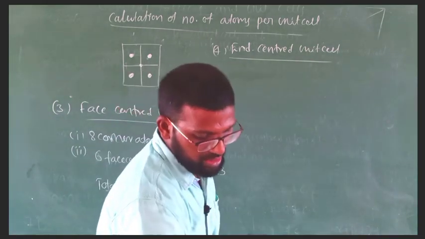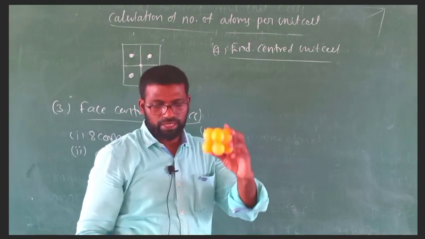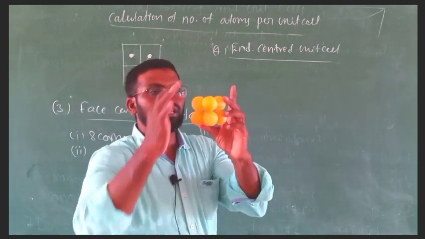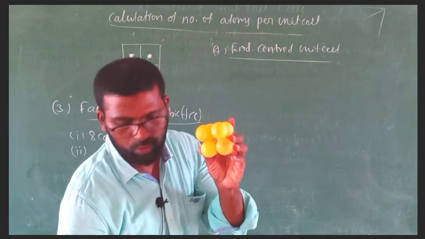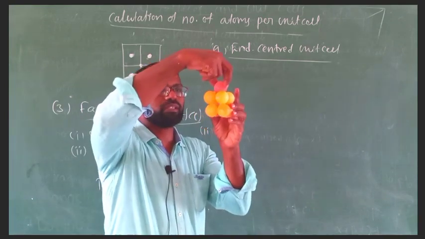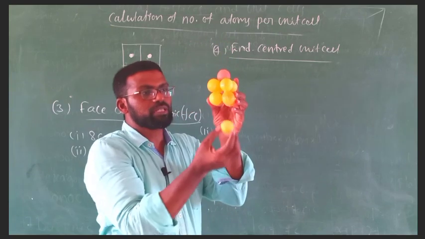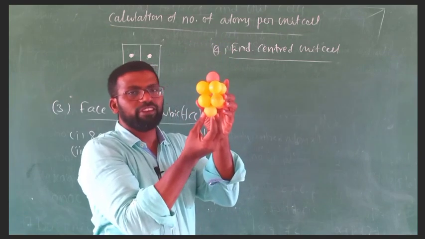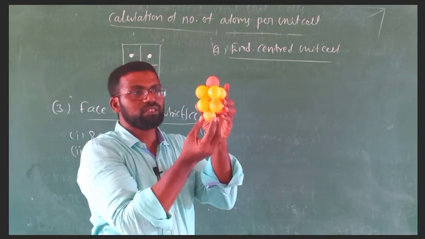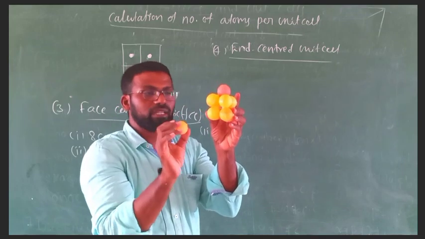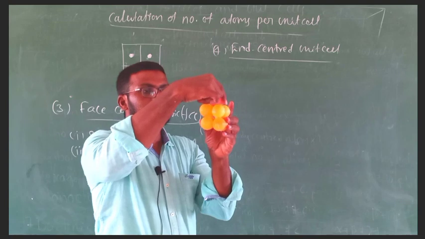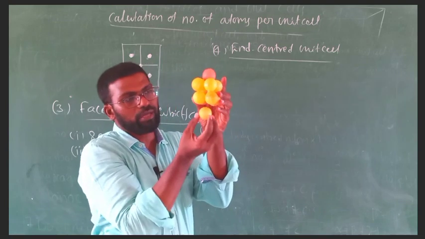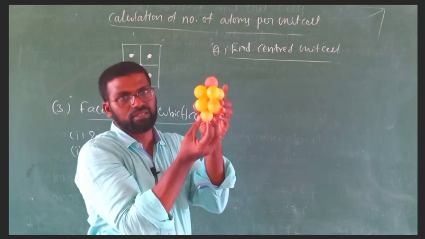Just in the previous lecture I told you, in an end-centered unit cell there will be 8 particles at 8 corners like simple cubic. In addition to that, 2 more atoms will be present on the opposite faces. That means a total of 10 atoms will be present: 8 atoms at 8 corners and 2 particles on the opposite faces.